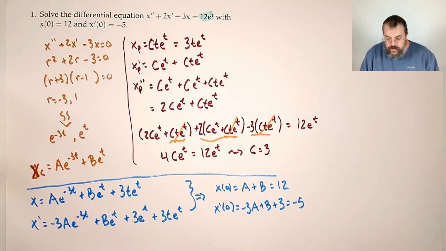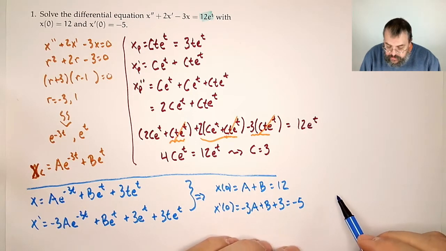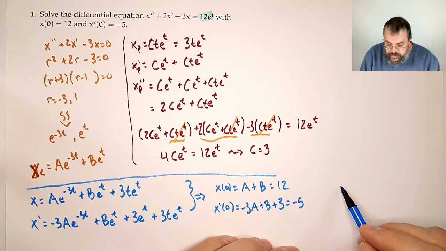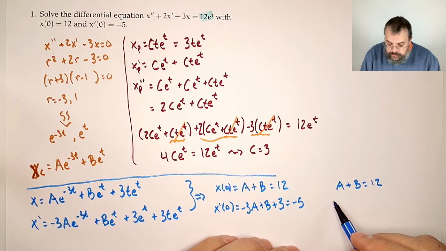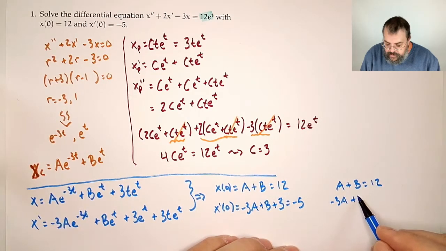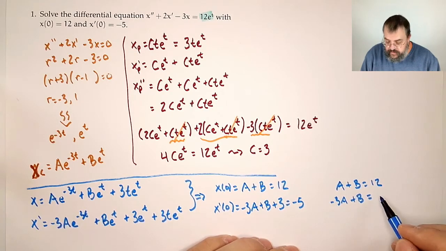All right. Well, great. This isn't so bad. And, okay, we can rewrite this if we wanted to. We could say, all right, that's the same as a plus b equals 12, and minus 3a plus b, move that across, subtract 3 from both sides, is minus 8.